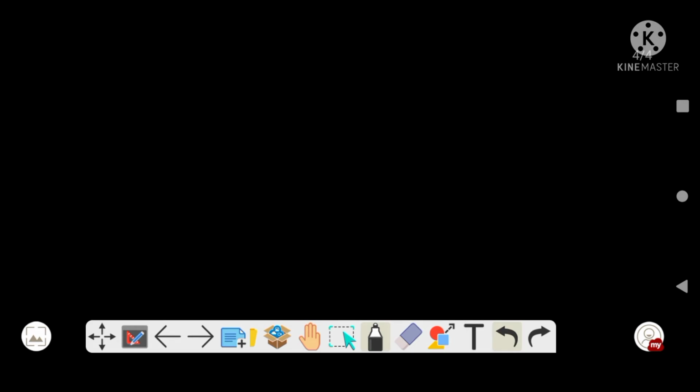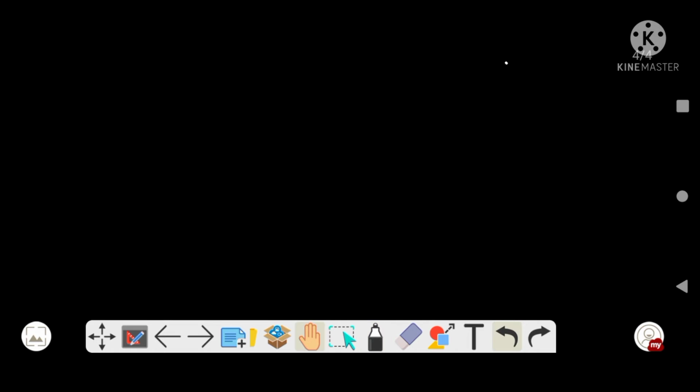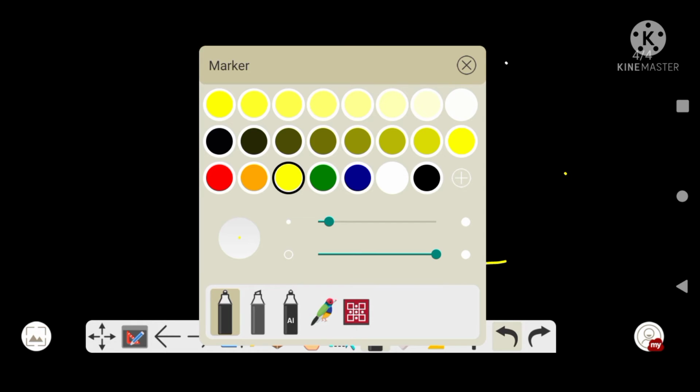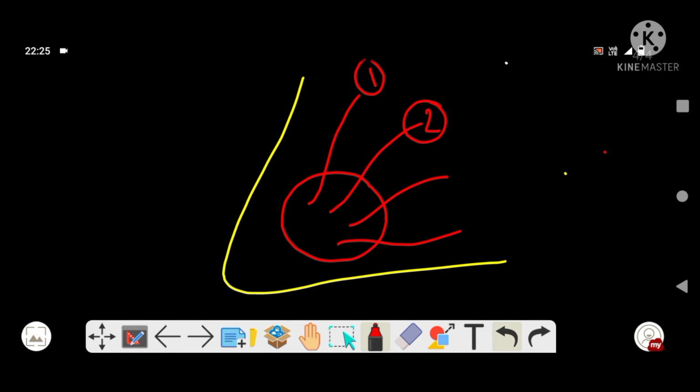Next we will see Little's area. Little's area is a highly vascular area in the antero-inferior aspect of the nasal septum.